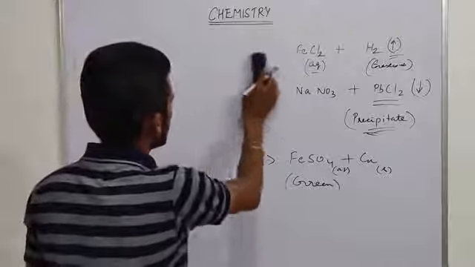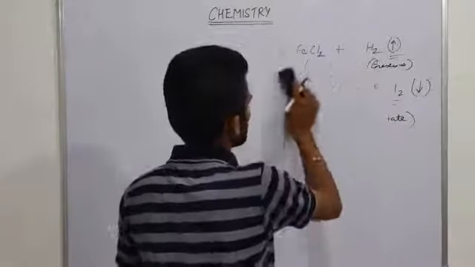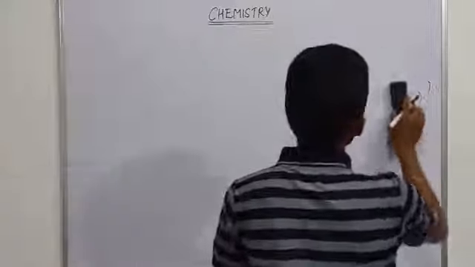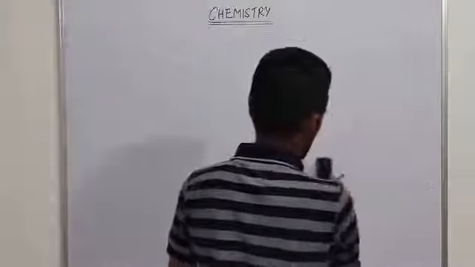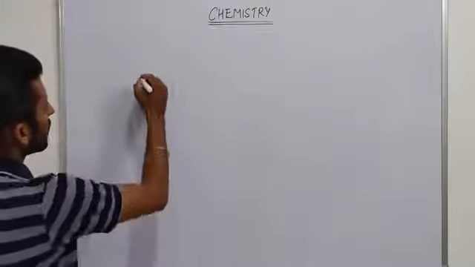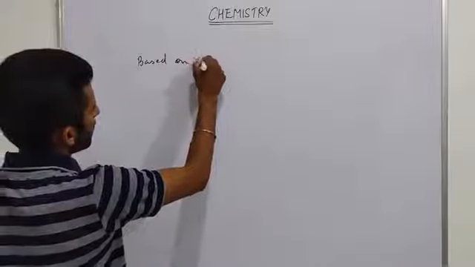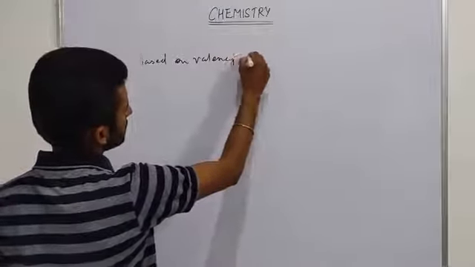Now in the chemical equations which we had written, generally how are the products formed? They are formed based on the valency of the atoms.